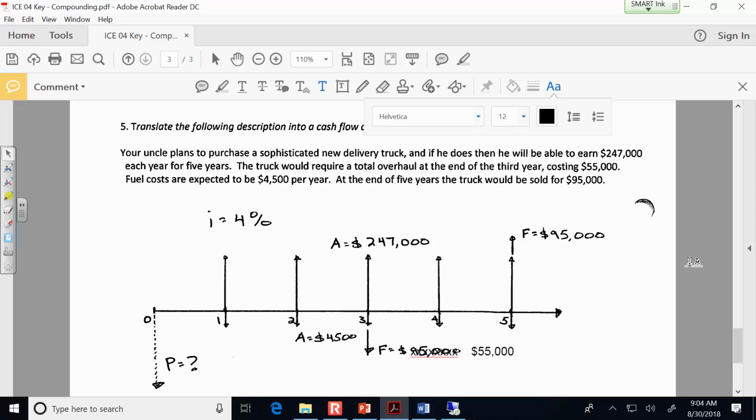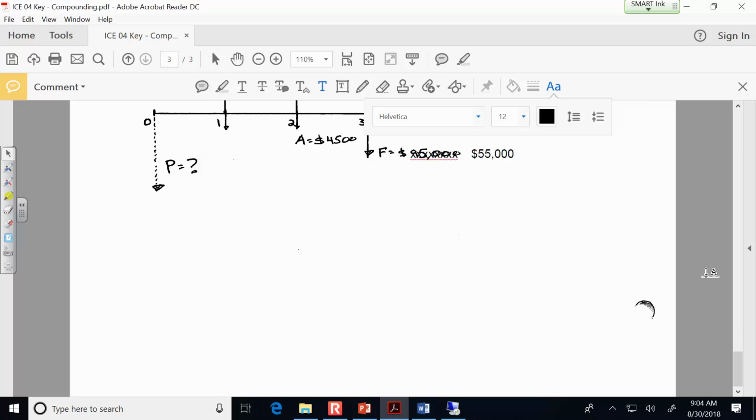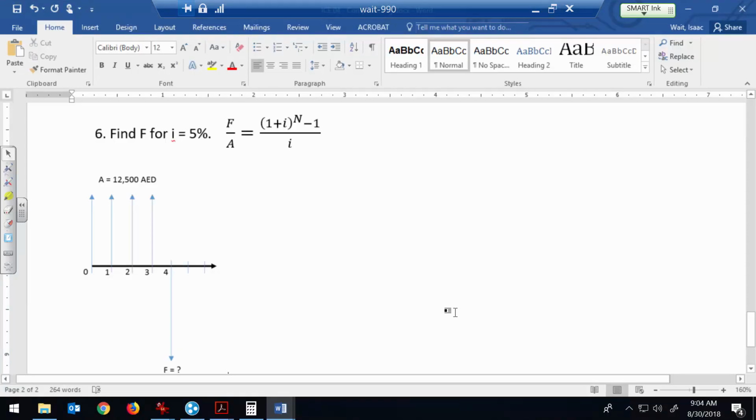Okay, so on this last one, this is the same cash flow diagram that we had in class last time. There are simpler ways to solve this type of problem than a year-by-year accounting and compounding of the interest. I gave you the formula there, F/A.